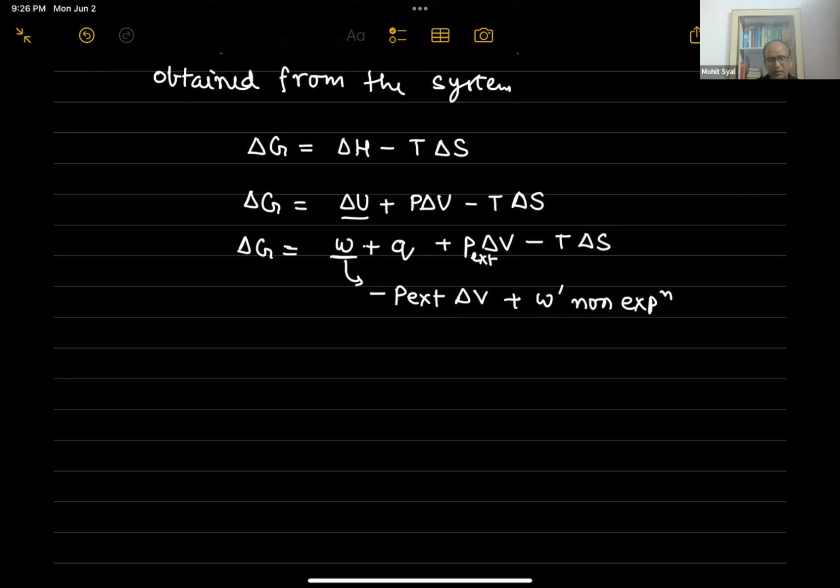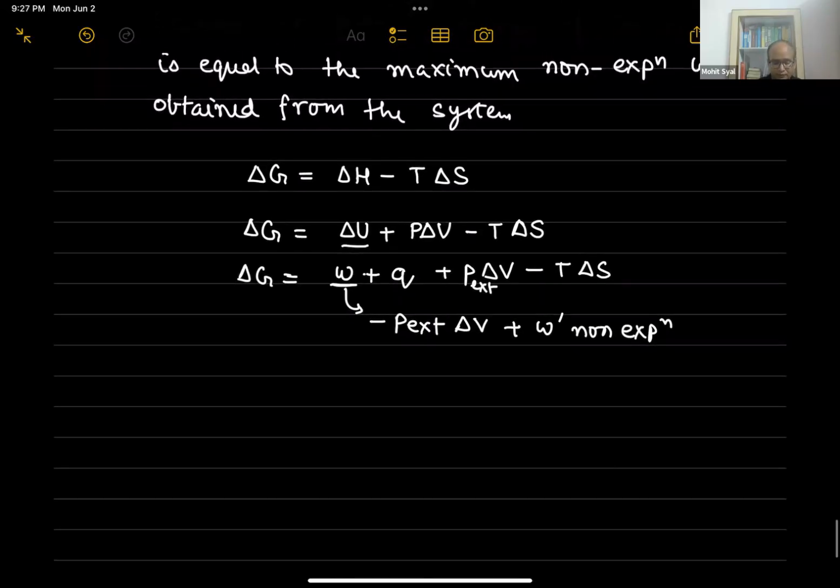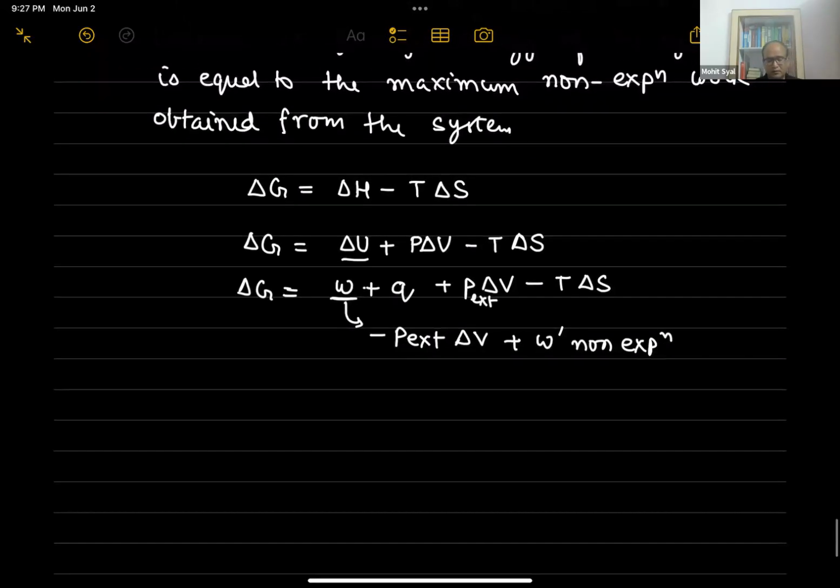If a chemical change is happening, it could be expansion as well as non-expansion work done. Total work. So now all of these terms we are going to put in.